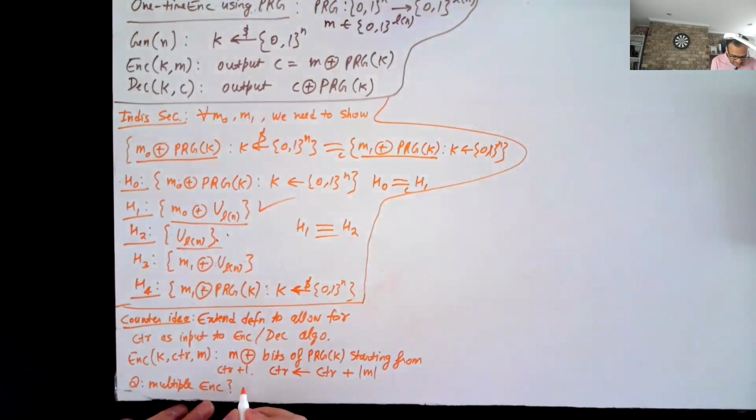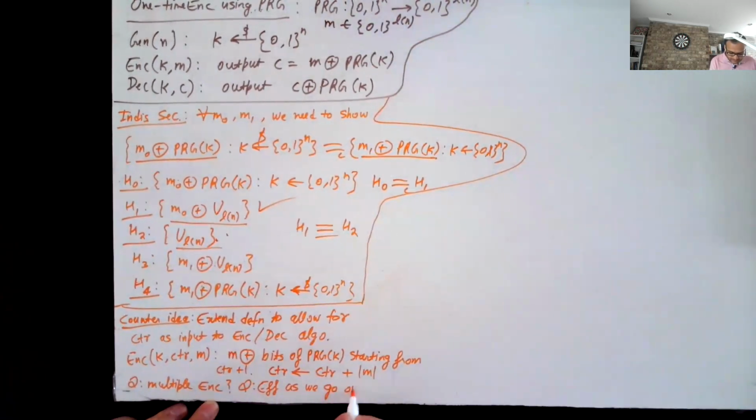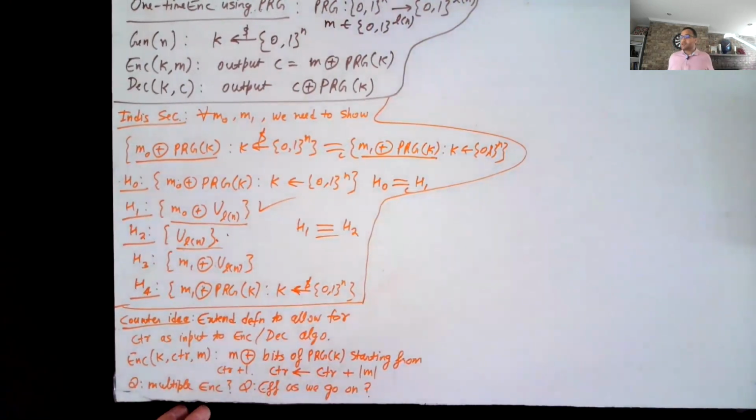Another question is efficiency as we go on. Note that after, let's say, you have encrypted 1 million messages, when you want to encrypt the next message, you need to apply the PRG and keep expanding the output until you reach the millionth plus 1 bit.